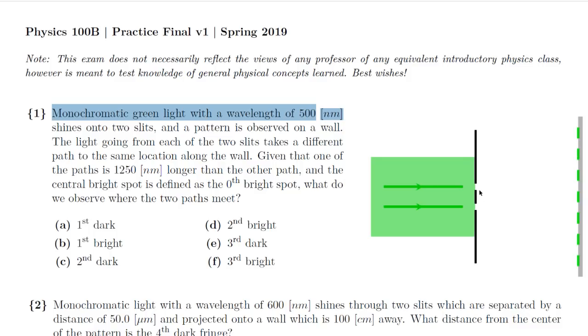So there are two different paths taken to the same location, and the path lengths will be slightly different. Given that one of the paths is 1250 nanometers longer than the other path, and the central bright spot is defined as the 0th bright spot, what do we observe where the two paths meet?